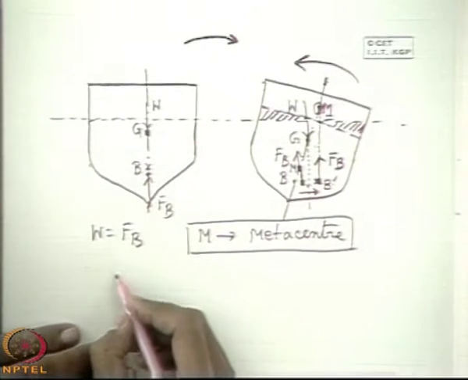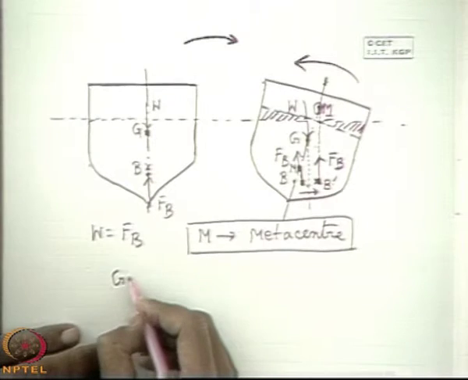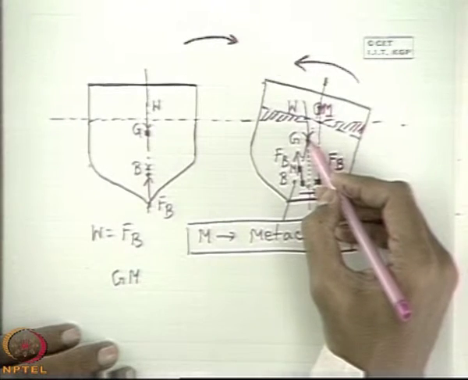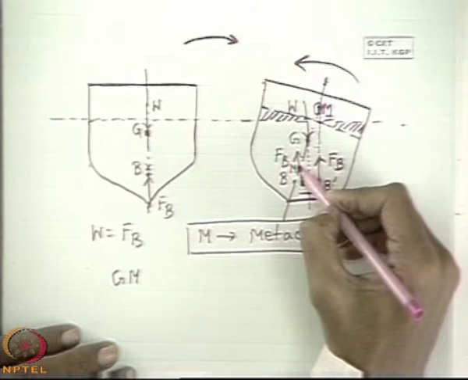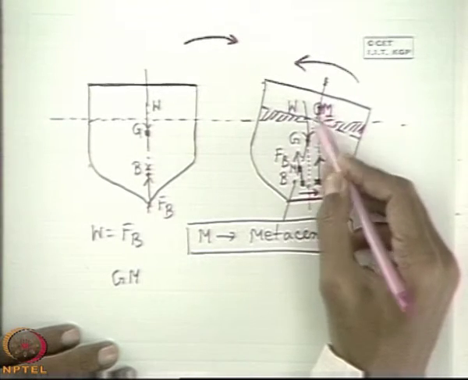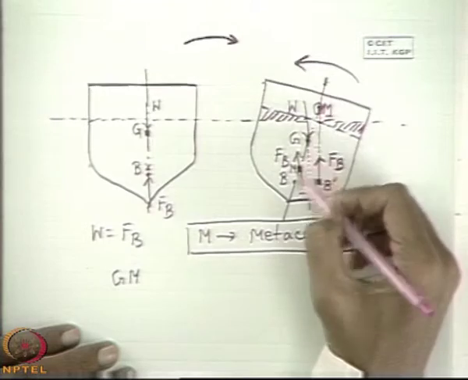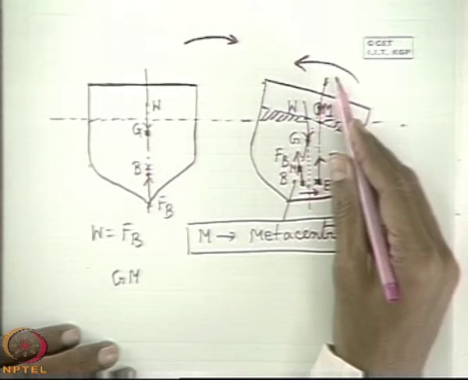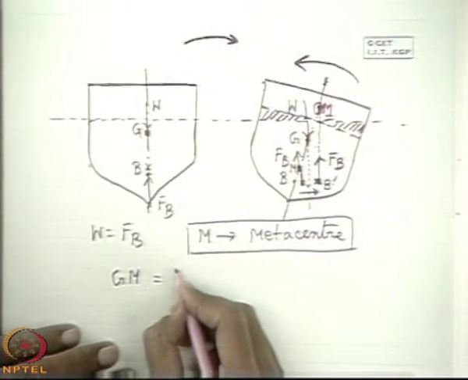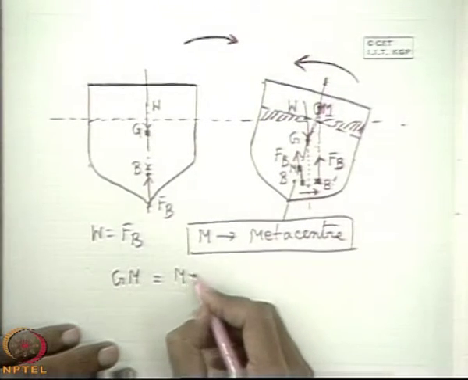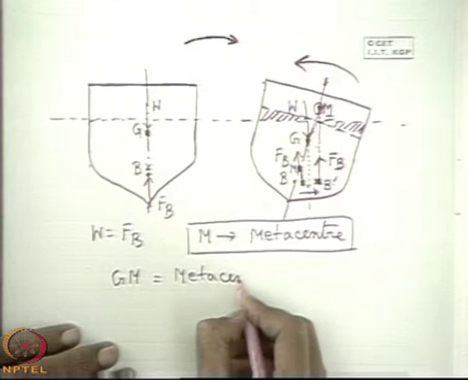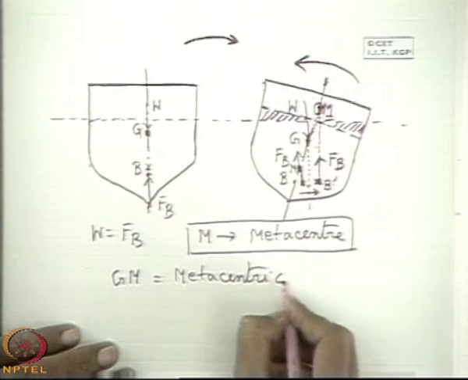The height GM, that means the height from the center of gravity to the metacenter, along this old vertical line or line of symmetry, is known as the metacentric height.